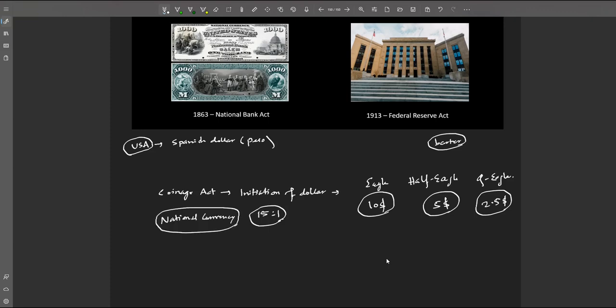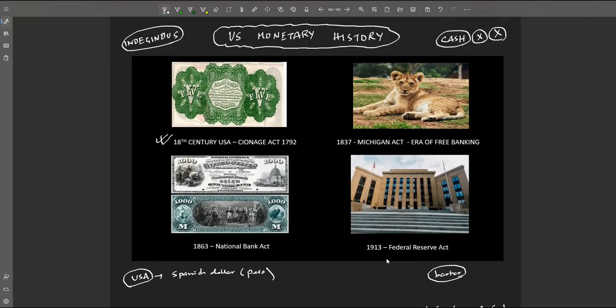Post that, there were many events. We will not get into too much detail of it. But as you know, economies go through many transformations, booms and busts, depressions and growth phases. All these things happen. So we will talk about 40 years later, something significant which started to happen. In 1837, the Michigan Act was declared.